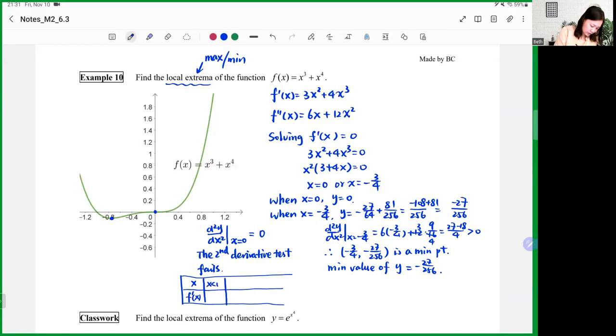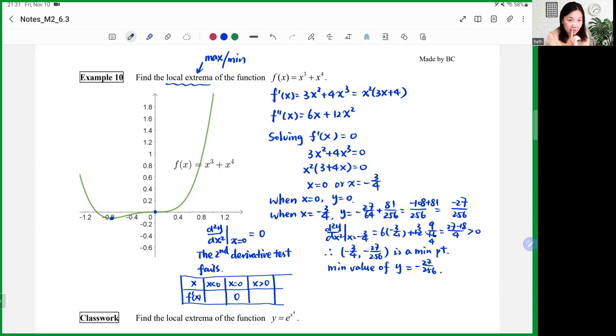So I have x smaller than 0, x equals 0, and x bigger than 0. That's easier if this is factorized. So when x is smaller than 0, I mean slightly smaller. Now how slightly?